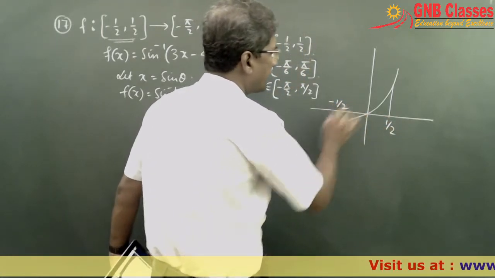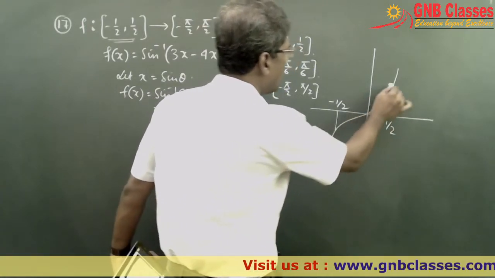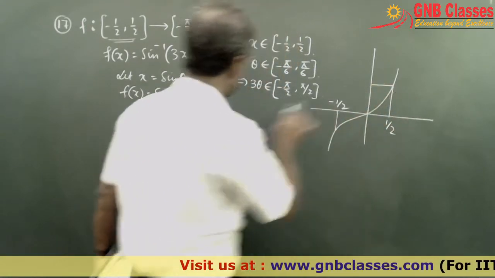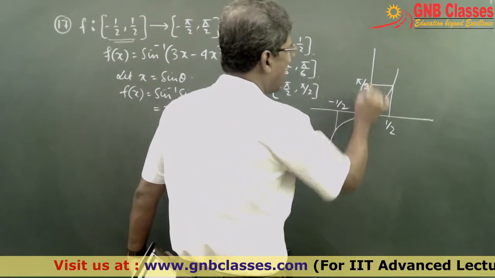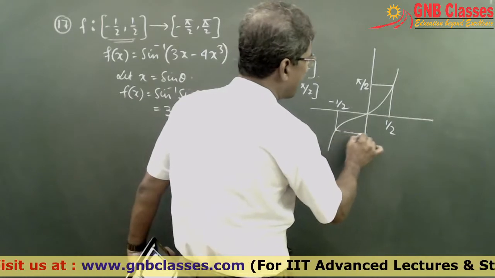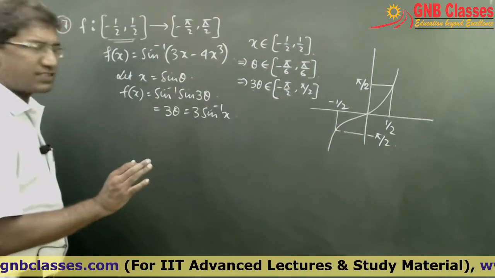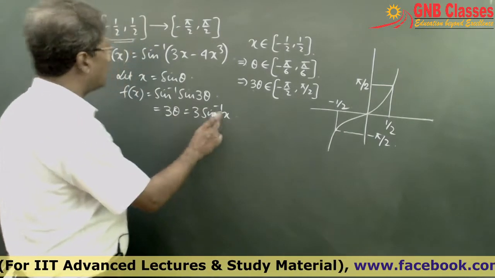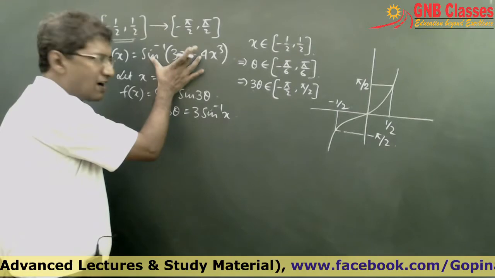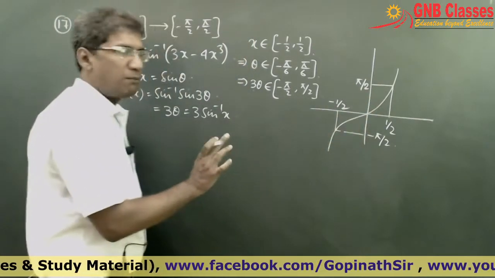Is it clear? Now for half and minus half, 3 sine inverse x will lie between pi by 2 and minus pi by 2. Is it clear? Have you understood this? 3 sine inverse x, which is nothing but your given function, will lie between minus pi by 2 to pi by 2.